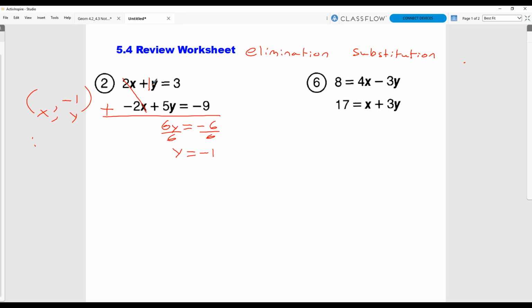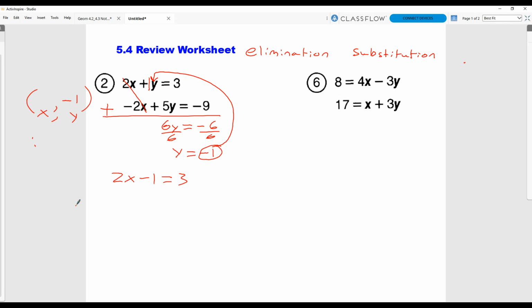This one looks like the easiest one to go. So I'm going to put minus 1 in right up there. So if I do that, I'll rewrite it as 2x, and instead of plus y, I'm replacing it with minus 1 is equal to 3.